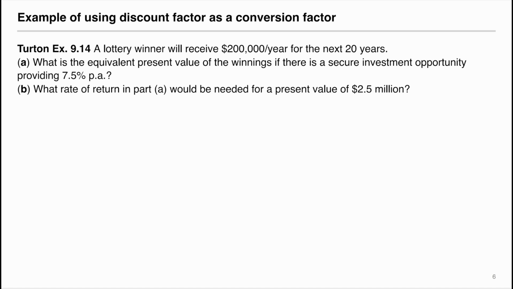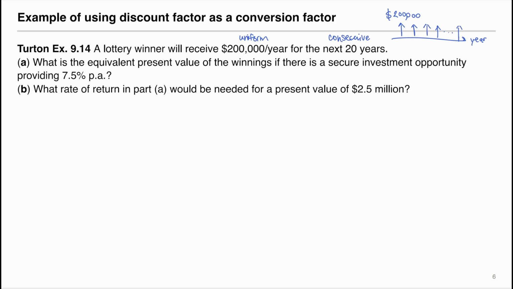In the example, a lottery winner will receive this amount of money per year for the next 20 years. So this is a uniform amount of money that is given in consecutive years. A cash flow diagram will be, if this is time, we'll have constantly given the same amount of money, 250.